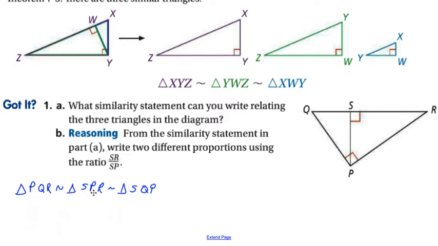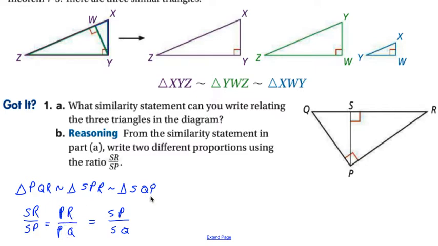Well, if we just look at this middle one, SR are the 2 outside letters, so that will correspond to PR in this one. And then SP are the first 2 letters will correspond to PQ. So we could write this ratio right here. We can say SR is to SP as PR is to PQ.